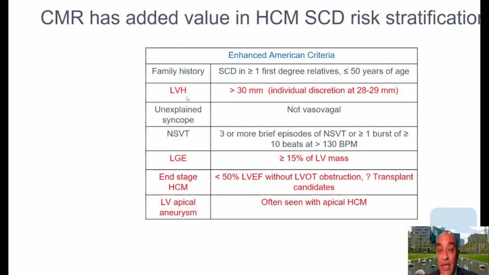Ascertaining the degree of LVH with 30 millimeters as a cutoff, and all of us know CMR is very accurate in measuring wall thickness. Of course, measurement of late gadolinium enhancement, where a threshold of more than 15% of LV mass is associated with adverse events. Burnt out HCM with an EF less than 50%. And presence of LV apical aneurysm, which is occasionally seen in patients with apical HCM.